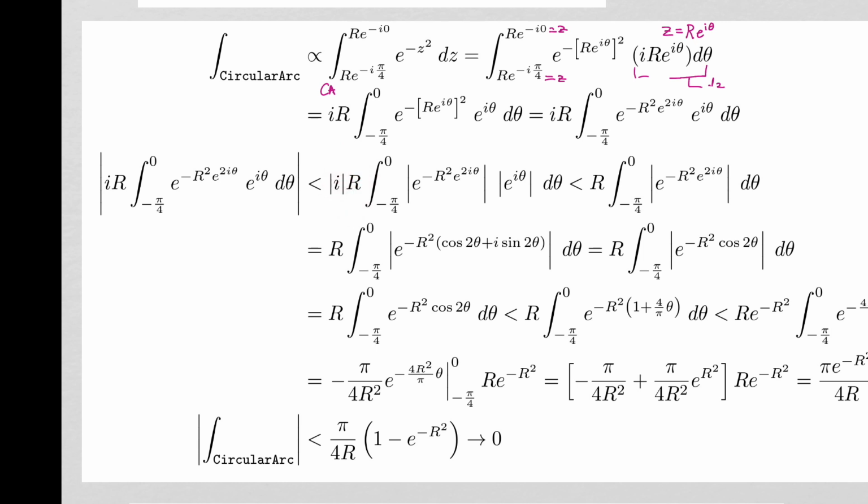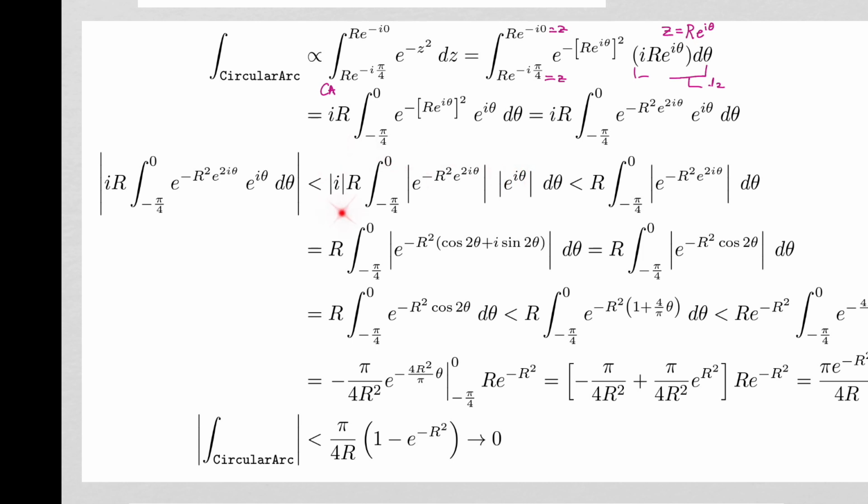The magnitude of R is R. Then the magnitude of a product is the product of its magnitudes. So I do have the question of what is the magnitude of this thing? I have e to the I theta, but that's always on the unit circle, right? Whenever you see e to the I something, and that something is real, theta has to be real, right? That magnitude is easy. That's going to be 1.